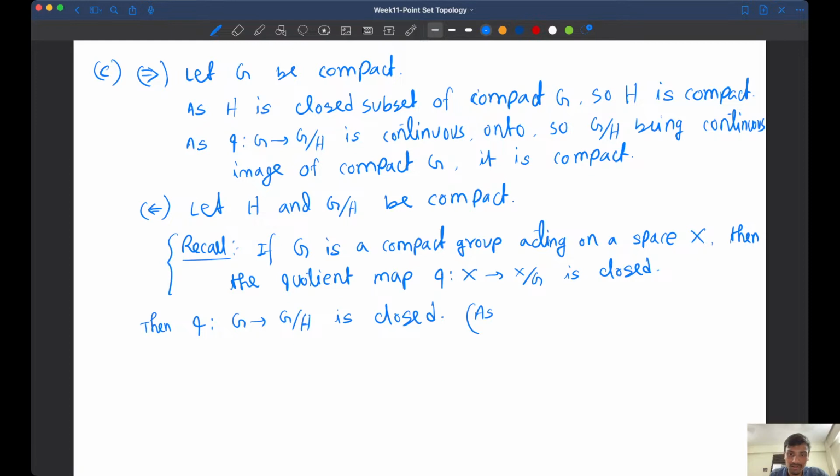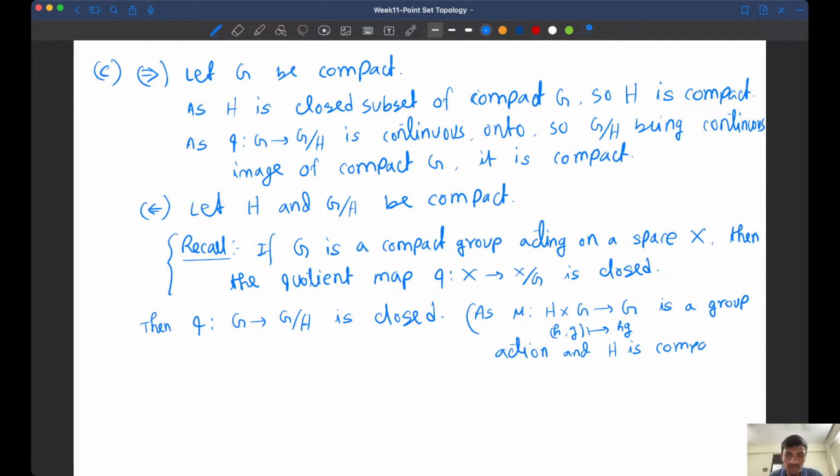So let's say mu restricted, basically H cross G to G, just take H comma G and multiply, and H is compact.